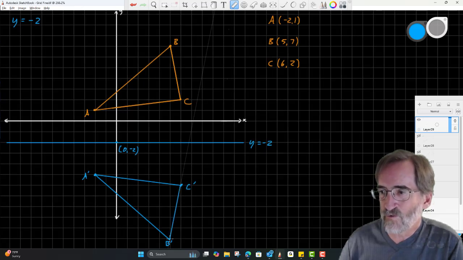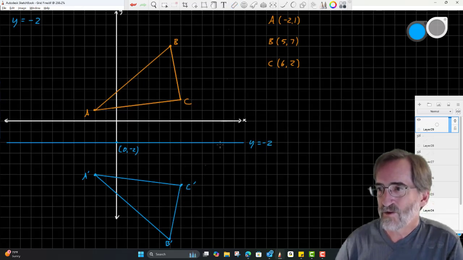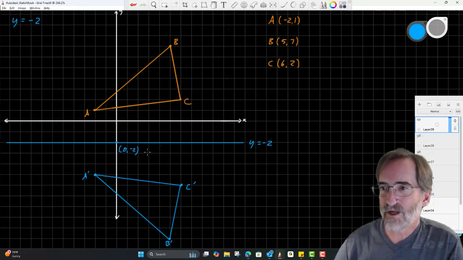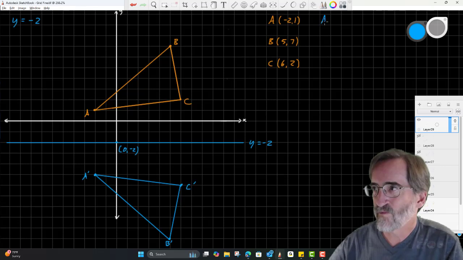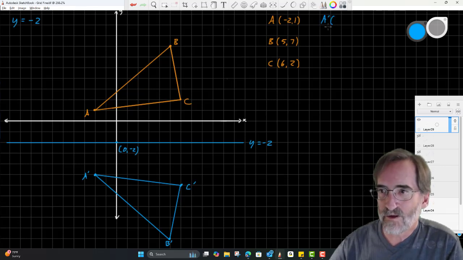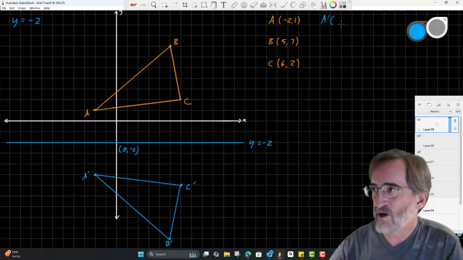Okay, so we can reflect across a line that isn't the x-axis or the y-axis. In this case, A prime is -2, -5.